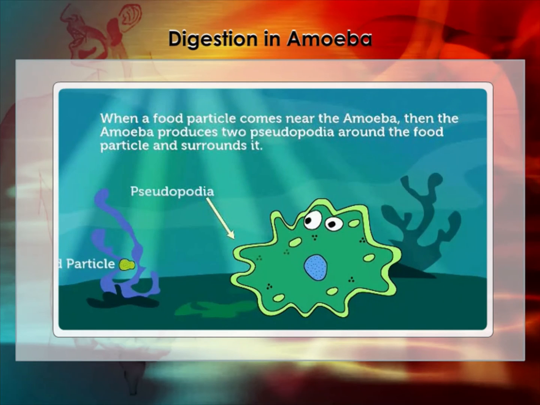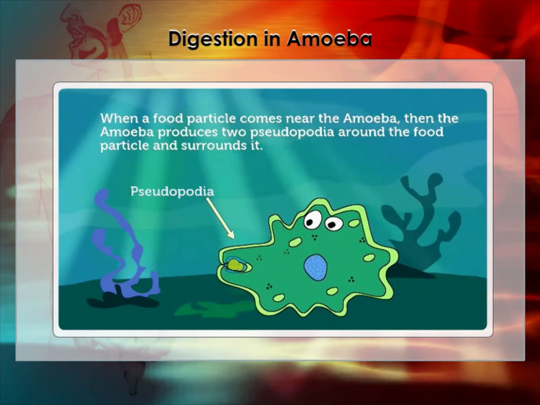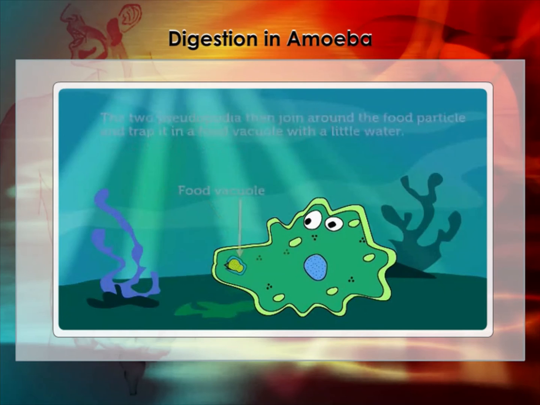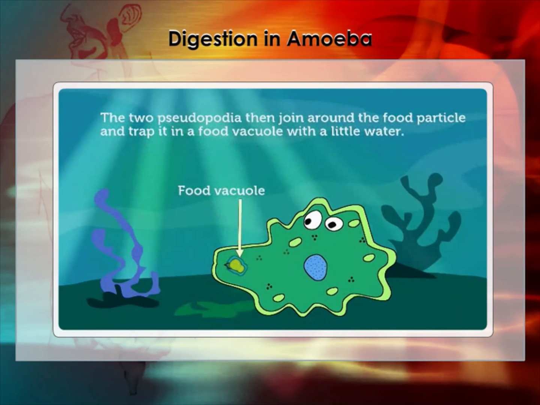When a food particle comes near the amoeba, the amoeba produces two pseudopodia around the food particle and surrounds it. The two pseudopodia then join around the food particle and trap it in a food vacuole with a little water.